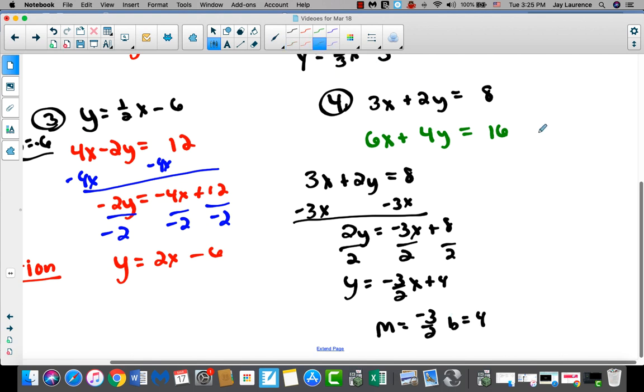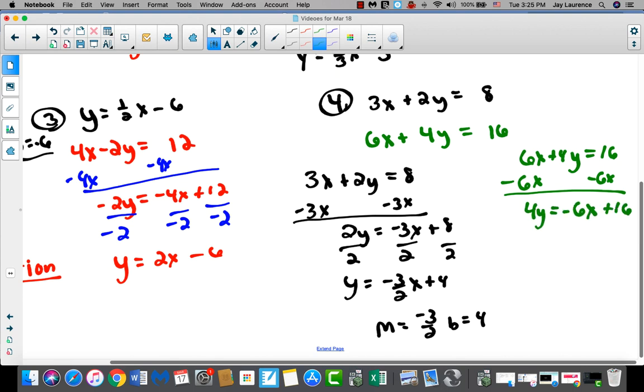Okay, for the green equation, I have 6x plus 4y equals 16. Subtracting 6x from both sides, I'm going to get 4y equals -6x plus 16.